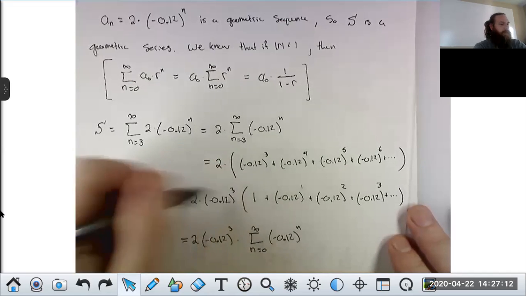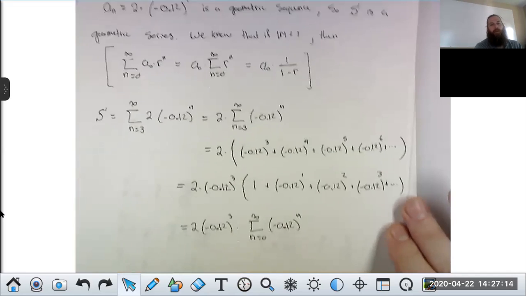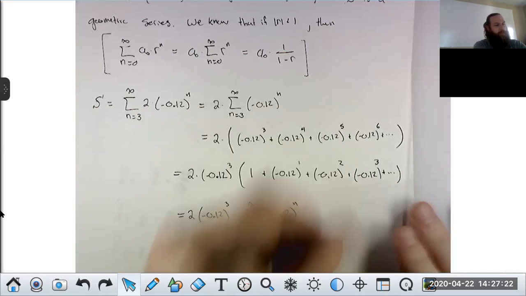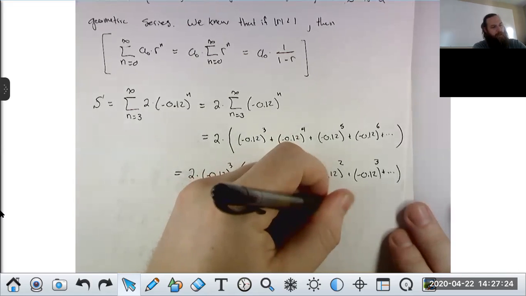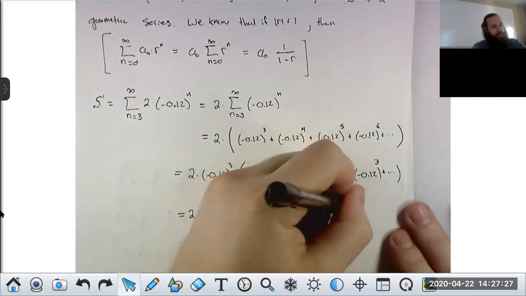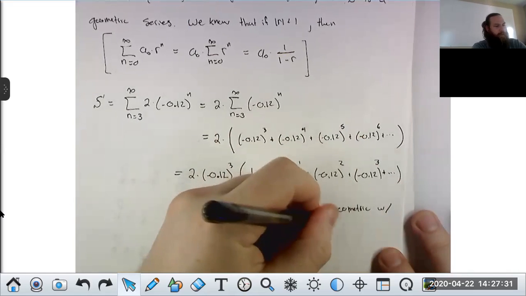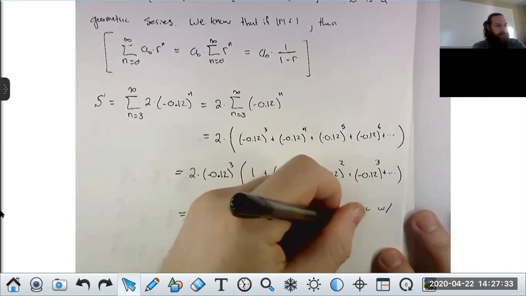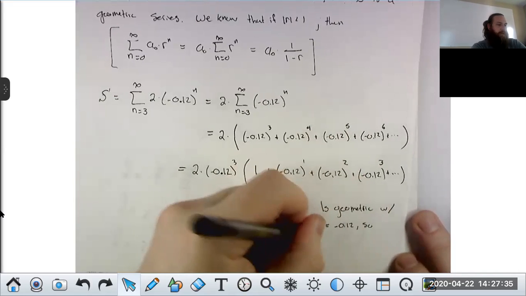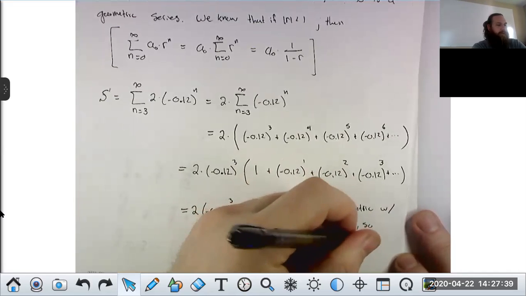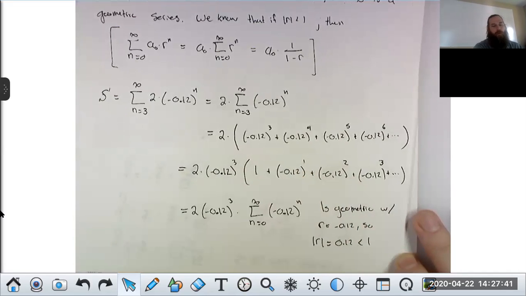That's how that showed up there. So this sort of manipulation will now allow me to use my formula. This is geometric, with r equal to negative 0.12. So the absolute value of r is positive 0.12, which is definitely less than 1. So I can use my formula.